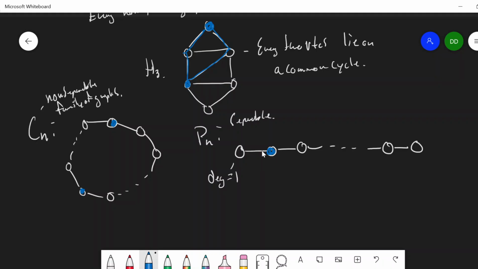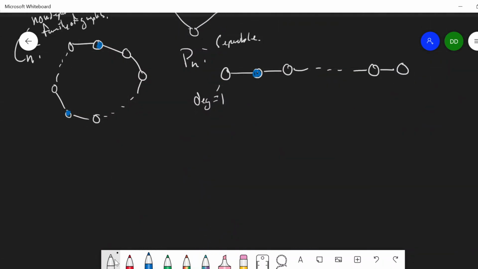And in general, this is going to be true. If I look at any graph where I have a vertex of degree 1, with some part of the graph over here, and this vertex that's degree 1, then the vertex it's adjacent to will always be a cut vertex.